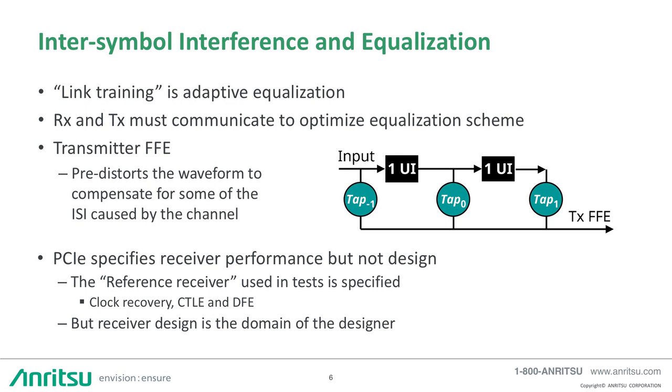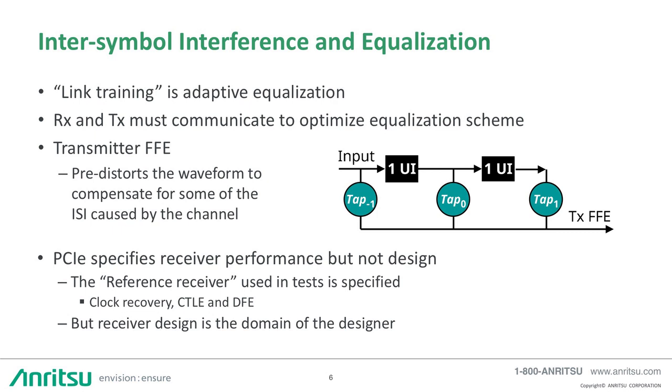Feed-forward equalization at the transmitter is a generalization of the de-emphasis that we've used for many years, and it uses a shift register, as shown here, in order to pre-distort the waveform in a way that partially compensates for the distortion caused by the frequency response of the channel.